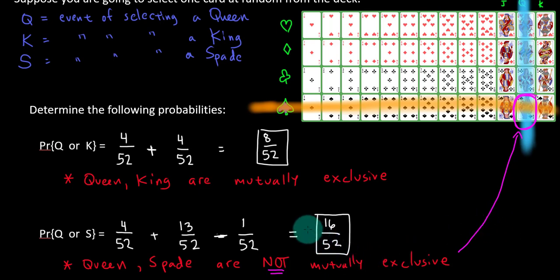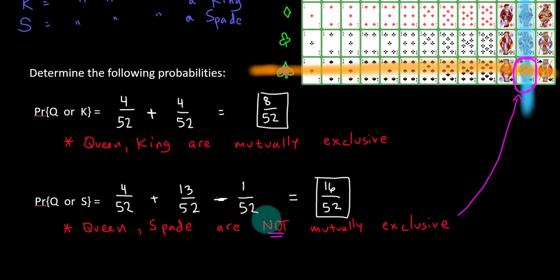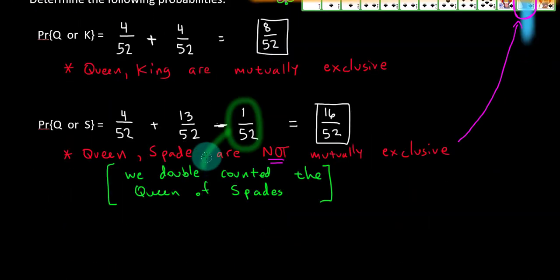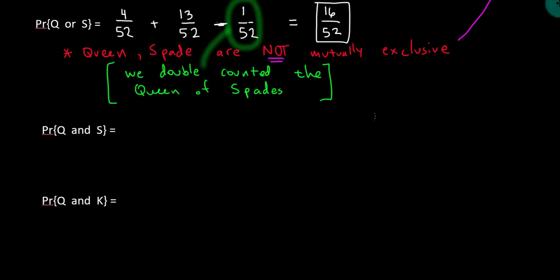So since we double counted the queen of spades, we had to undo that. So we double counted. I'll need to scooch down here. Since we double counted that queen of spades, because the queen and spades can occur together, we had to undo that double count. Let's look at a couple more probabilities before we define these rules for the video.